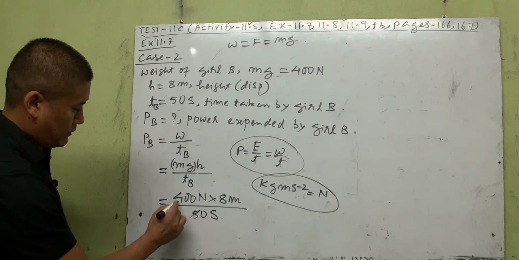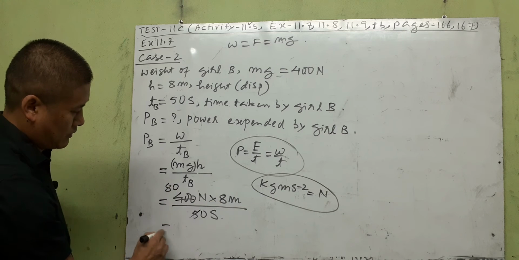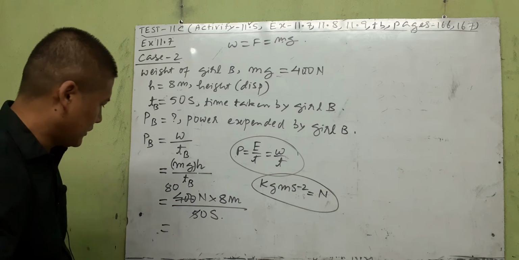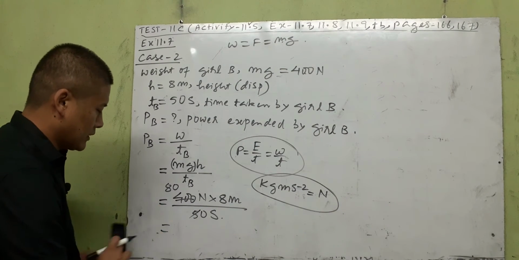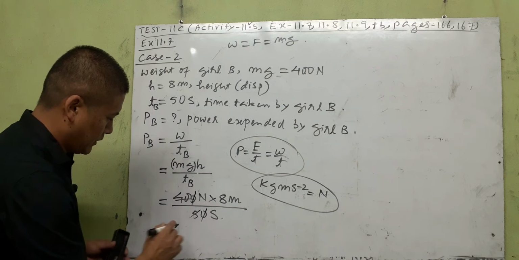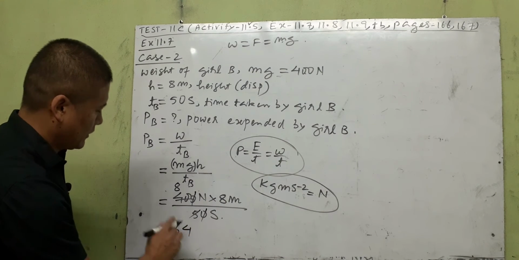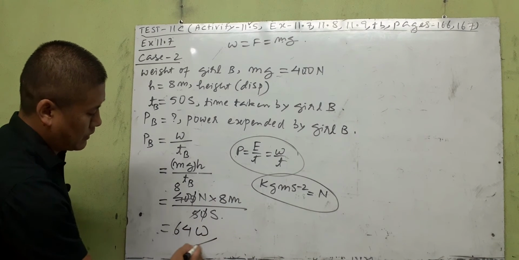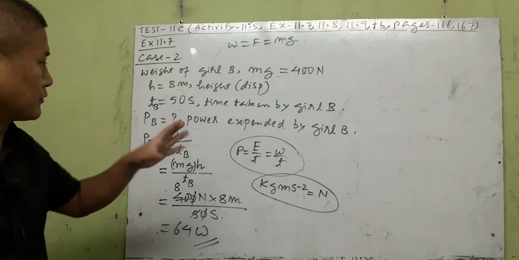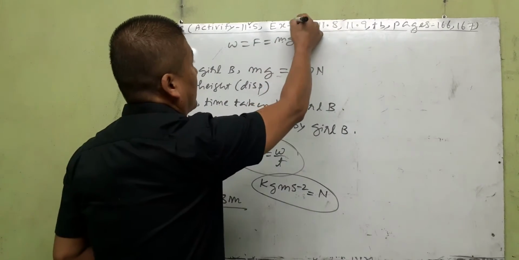So 5 8s are 40, and we cancel the 0. Then only 8, 8 8s are 64, and the SI unit of power is, we know what. So the power developed by the second girl is 64 watts, and the first girl is 160. That was 11.7. So next let's go to 11.8.